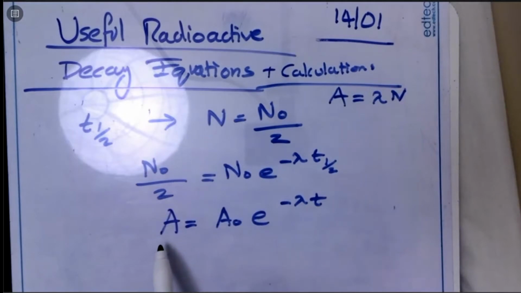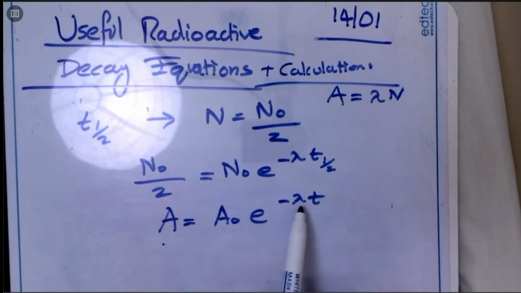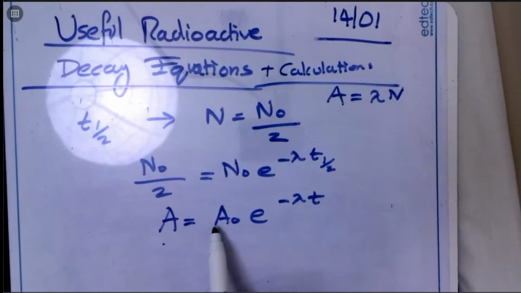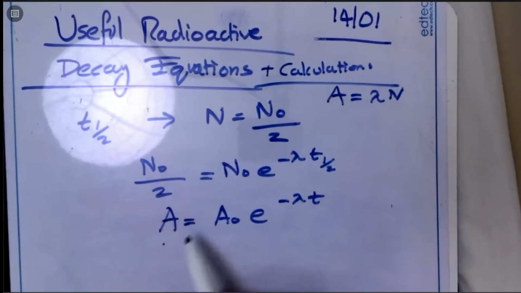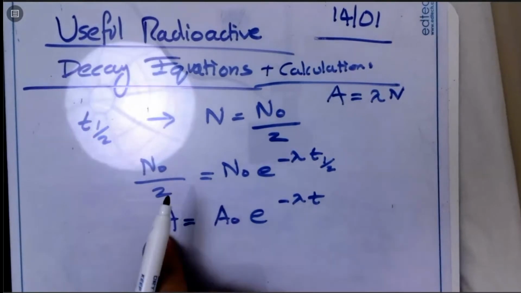So we can work out the activity at any point in time if we know its original activity and its decay constant. Conversely, if we had the original activity and the activity at a certain time, and the time, we could also work out the decay constant.